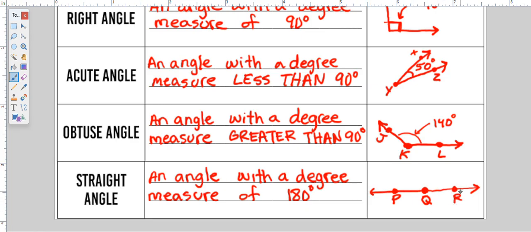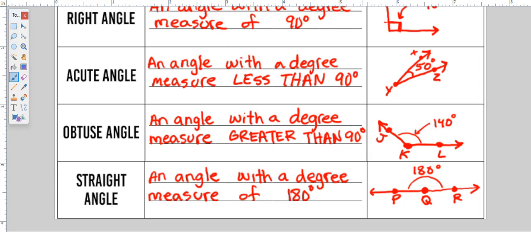So together they make one line, PQR, but that angle measurement is 180 degrees. That angle measure there is 180. A straight line is 180 degrees.